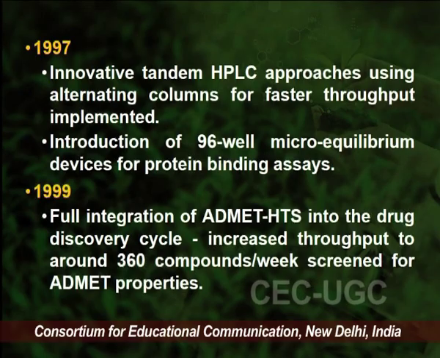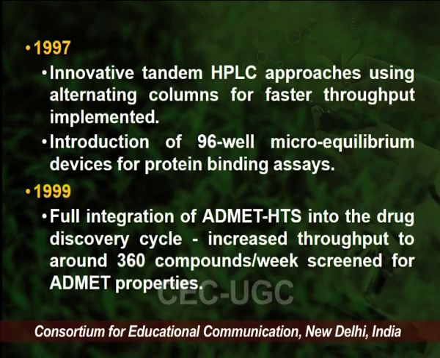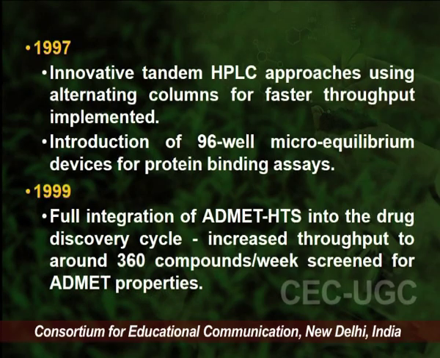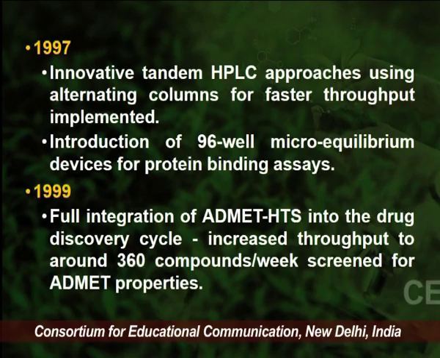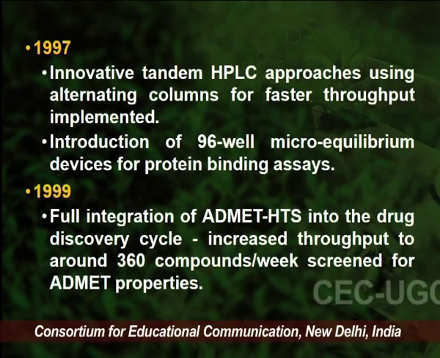Lots and lots of column chemistries were developed for fast throughput implementation. Then 1999 saw the full integration of ADMET HTS into the drug discovery cycle, and the speed of screening compounds along with ADMET characters was significantly increased to 360 compounds per week.